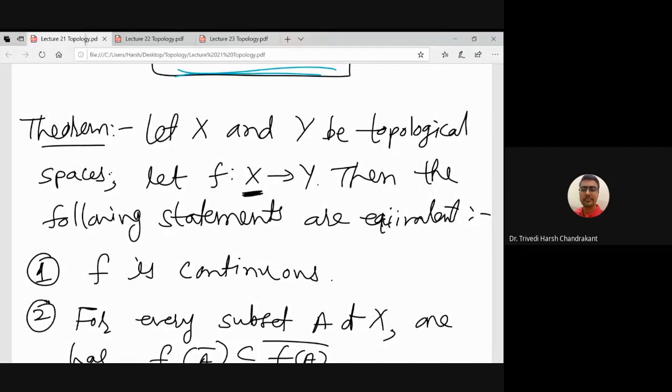That is the definition of a continuous function: f from X to Y is continuous if for every open set V in Y, its inverse image f inverse V is open in X. The other equivalent condition is that the inverse image of every basis element is open in X. So that also we can use to prove a function is continuous.